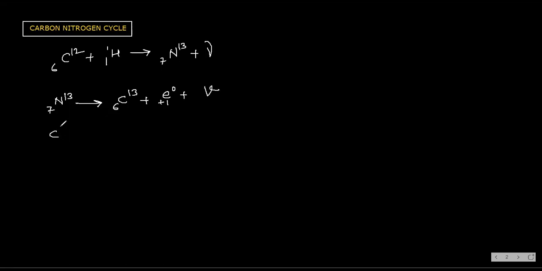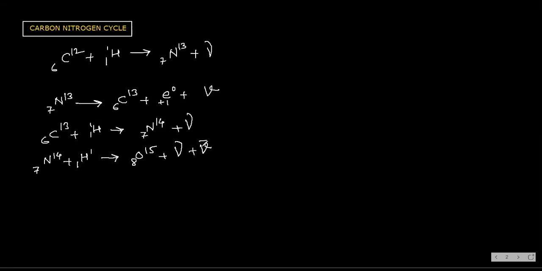Again this carbon, when I add it with 1 proton, gives nitrogen plus a gamma particle. Again this nitrogen, when I add it with a proton, gives an oxygen isotope plus a gamma particle plus this anti-neutrino.